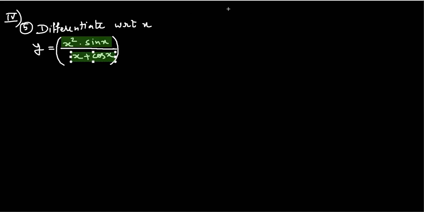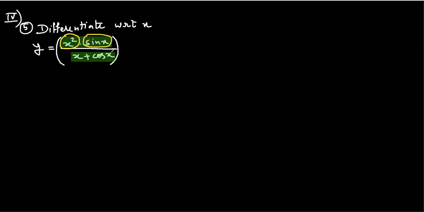Now this problem becomes more interesting for the fact that the numerator has got product of two functions. What I mean to say is, in numerator you have x square multiplied with sine x.